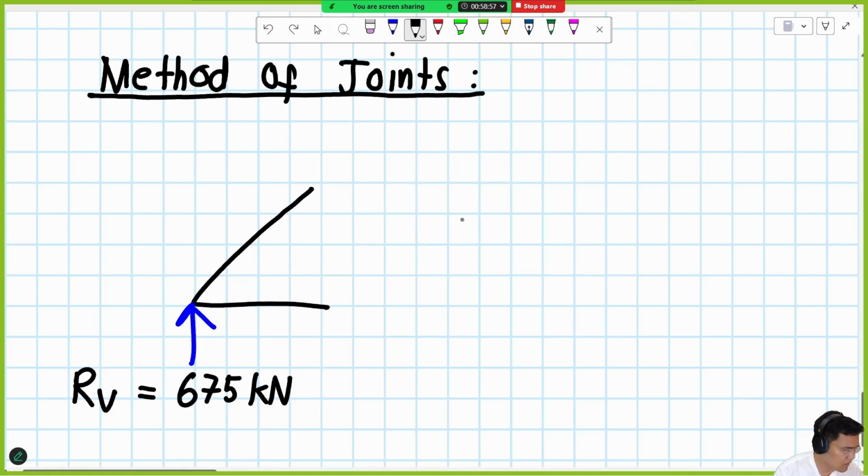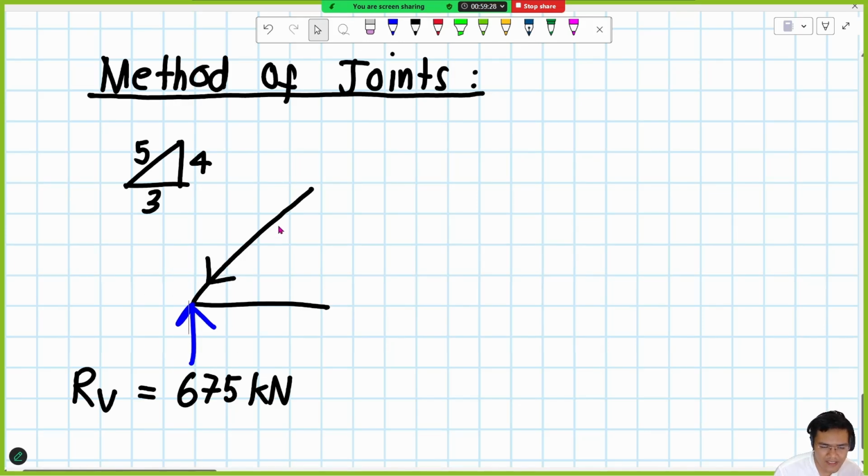So for example, we could say that based on the figure, we have the height as 4, this run as 3, so meaning our hypotenuse would be 5. So we have a 3, 4, 5 triangle. Now for the first equation we could use, since we're going upward, this member is going downward so there is something to oppose it.